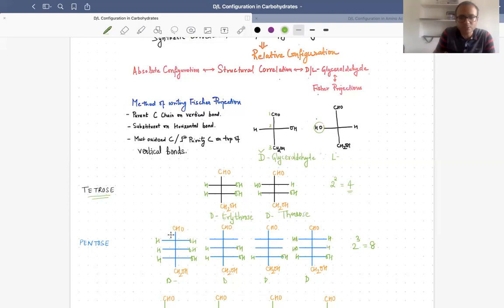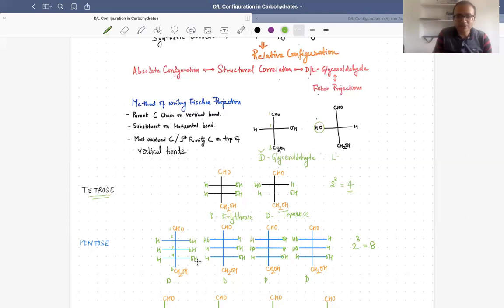If I number the carbons 1, 2, 3, 4, and 5, you change the second one to OH and H. Another stereoisomer would be simply what? You keep this first one constant and change here, so this becomes OH and H. So these are the three forms.